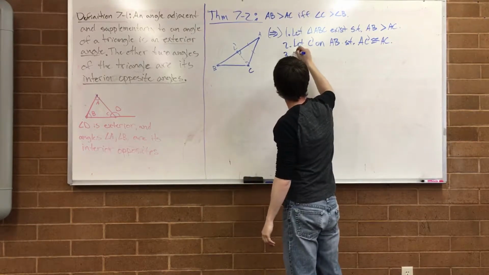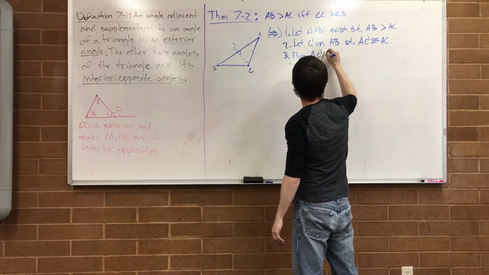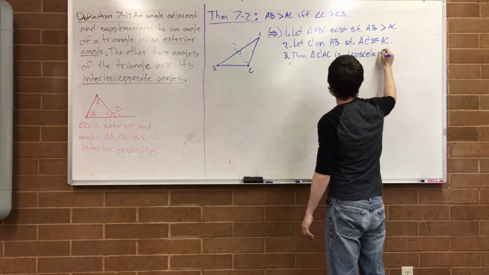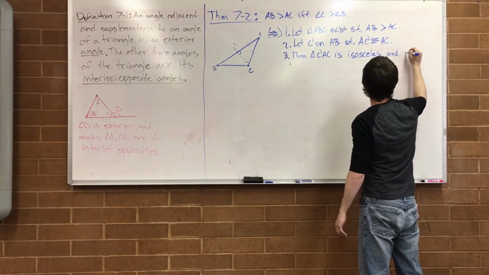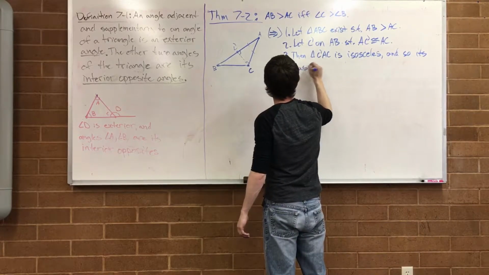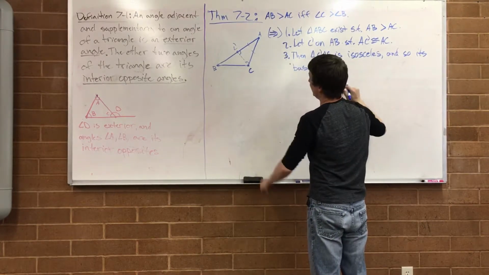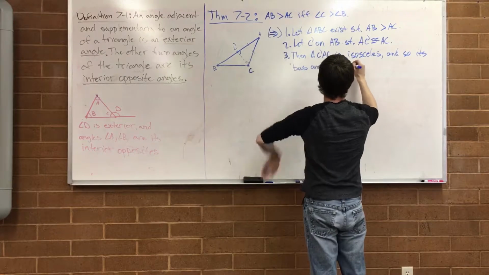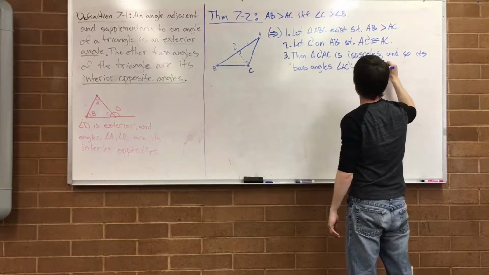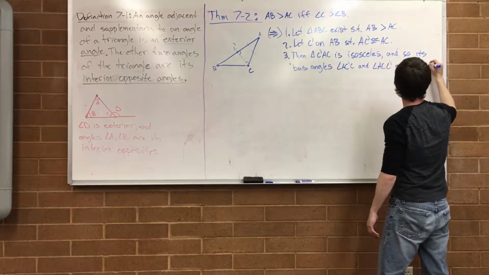3. Then triangle C prime AC is isosceles, and so its base angles, which are angle AC prime C and angle ACC prime, are congruent.